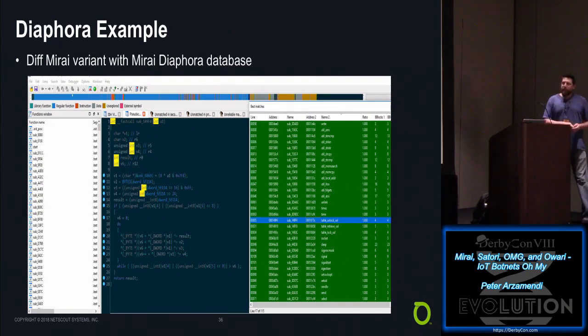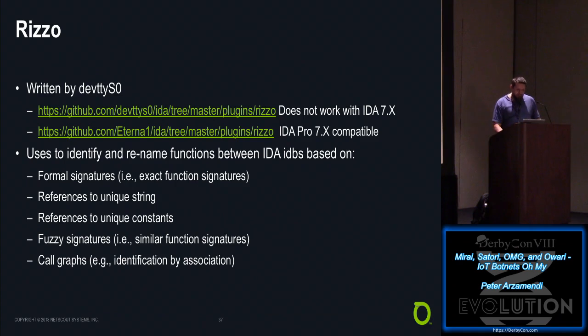So here's a variant of Mirai, where we see the default IDA labeling. This is the screen from Diaphora. Diaphora has different levels of match confidence. Green means spot on. And we can see here, this is the table unlock function. And if you look at the source that it matches on, and look at the pseudocode for it, you can see, yep, that's our unobfuscation function.